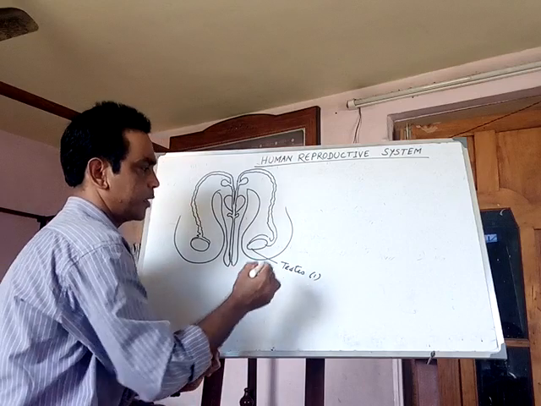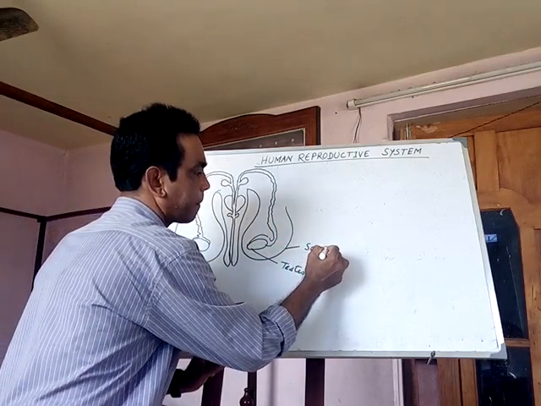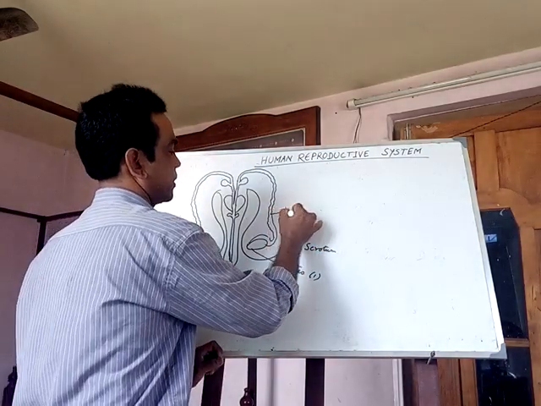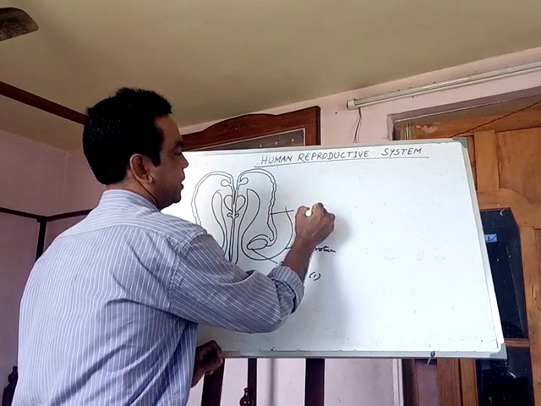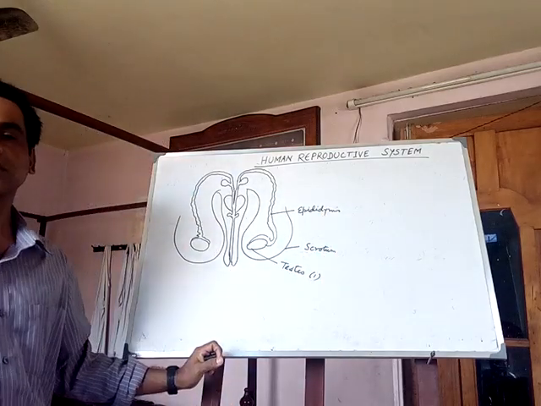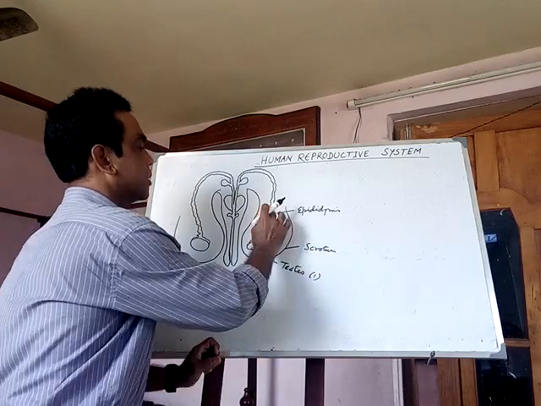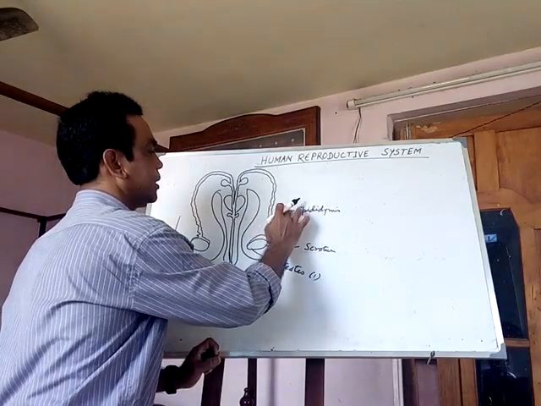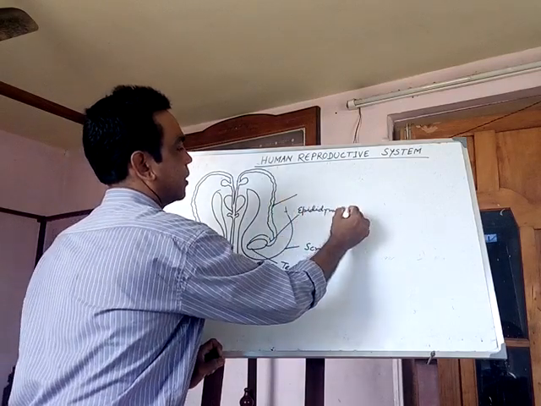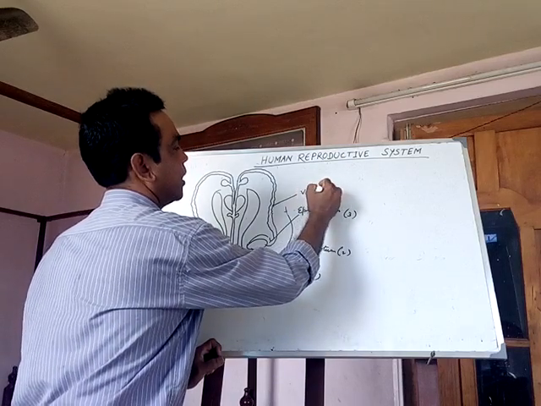One is the testis. Two is the scrotum. Three is the epididymis. Four is the vas deferens.